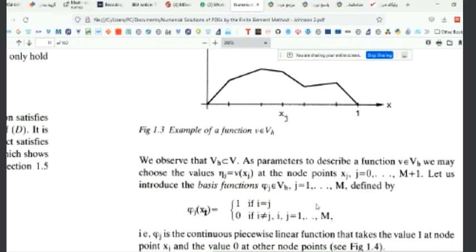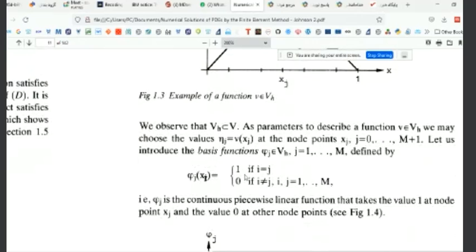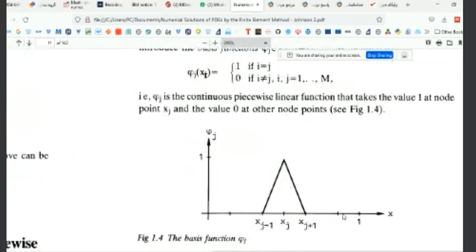And we want to introduce a basis function psi_j in V_h, j from 1 to n, defined as 1 if i equals j, otherwise 0 if i is different from j.